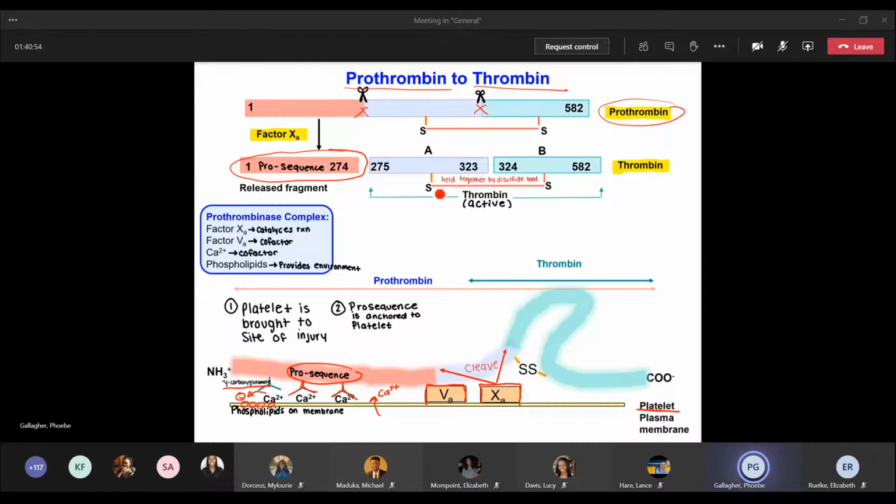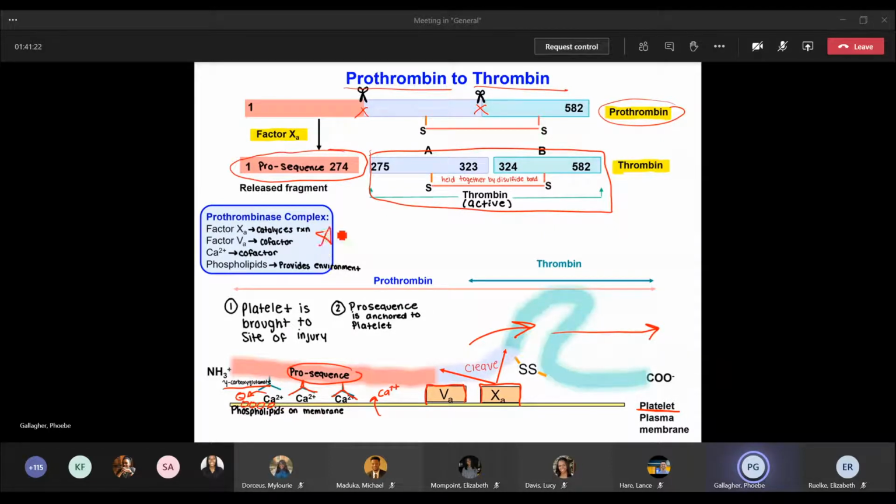So it's important to understand that the active aspect of thrombin, which is both of these subunits, are held together by disulfide bonds. I would know that. And then, the pro sequence will continue to stick onto the membrane, but the thrombin, the active aspect of the molecule, is then secreted, and it floats down into the bloodstream to do whatever it has to do next.